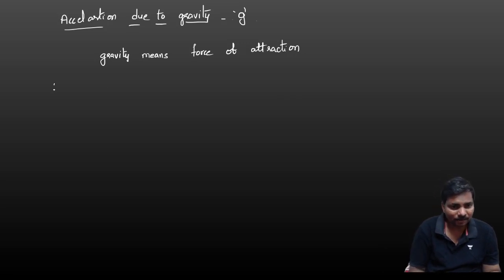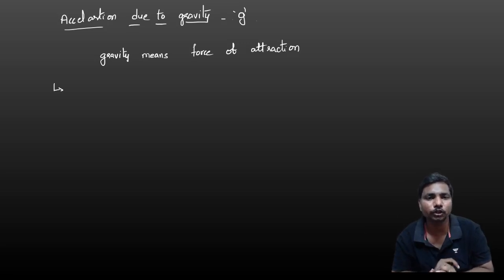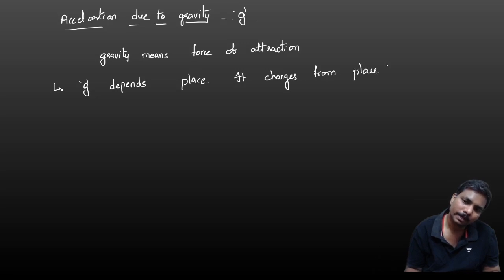Acceleration due to gravity is not the same for different places. Whenever the place changes, the acceleration due to gravity may change. So acceleration due to gravity G depends on place; it changes from place to place.